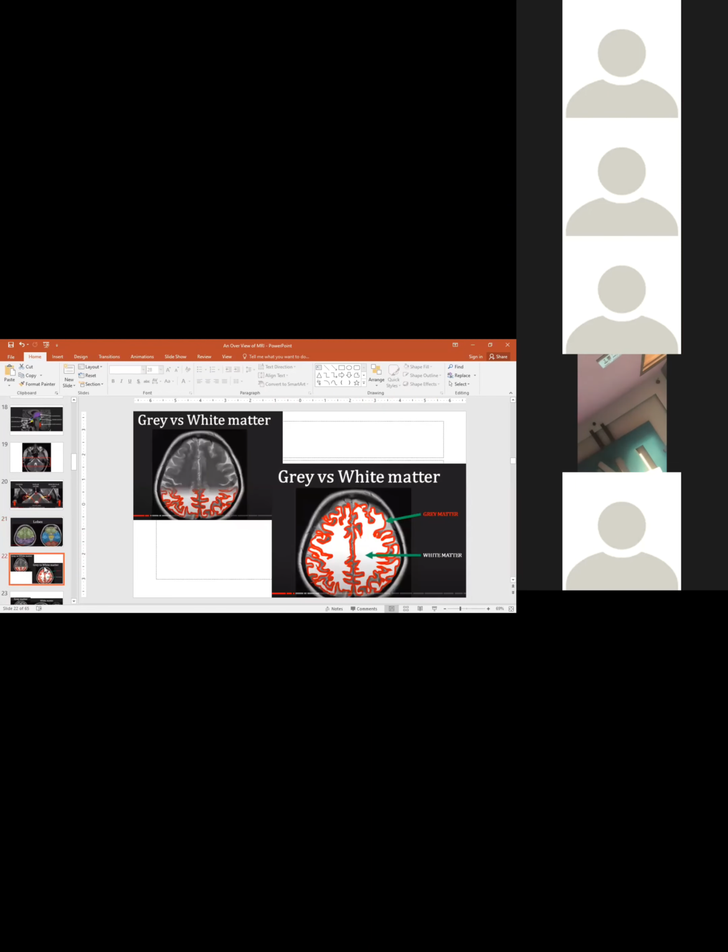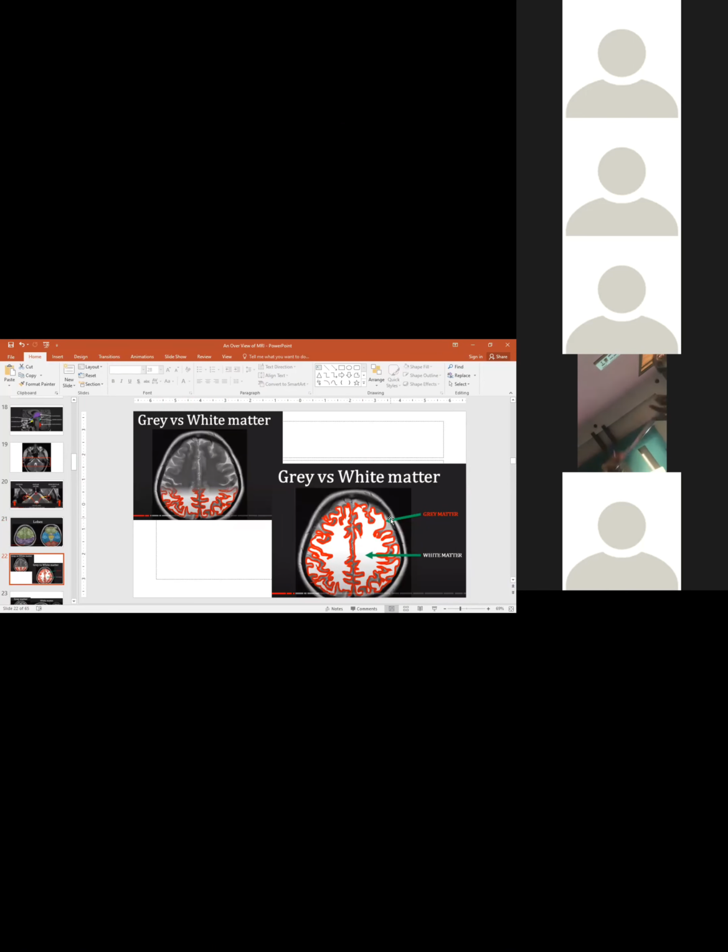Now, we can appreciate the gray versus the white matter. We all know that in the brain, we call some part gray matter and some part white matter. And we can appreciate the gray matter is superficially placed, and the white matter is mostly inside of the gray matter.